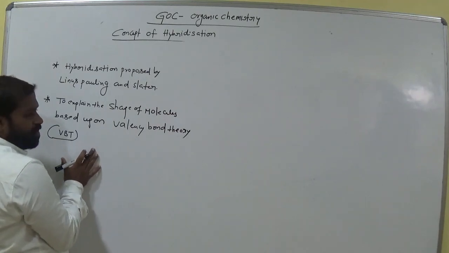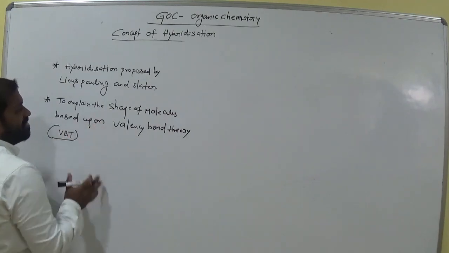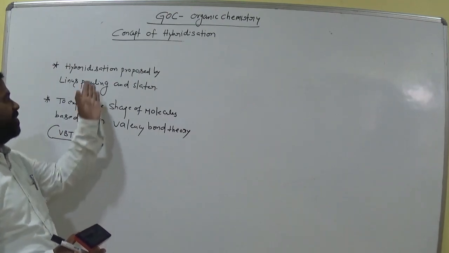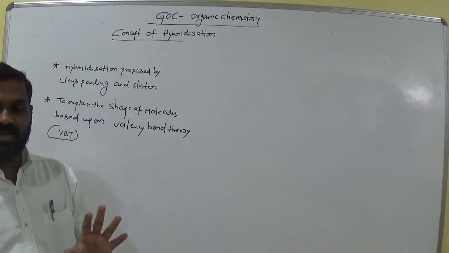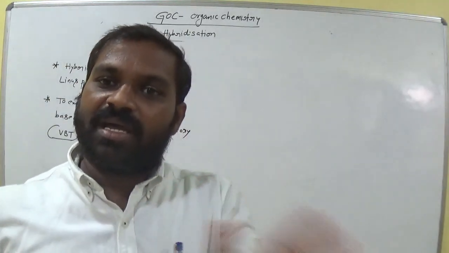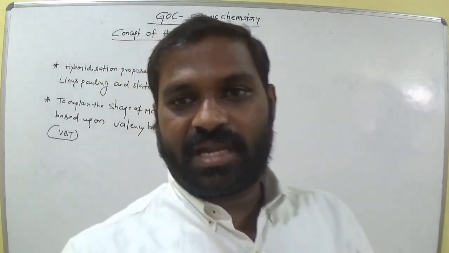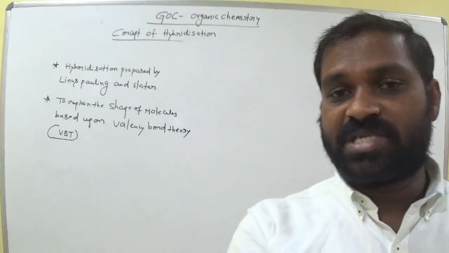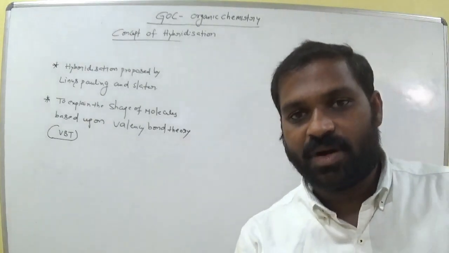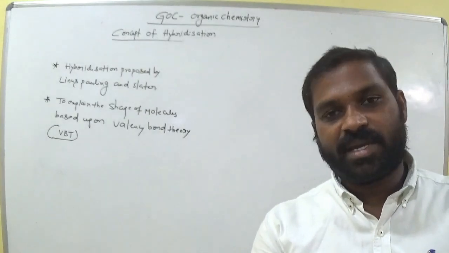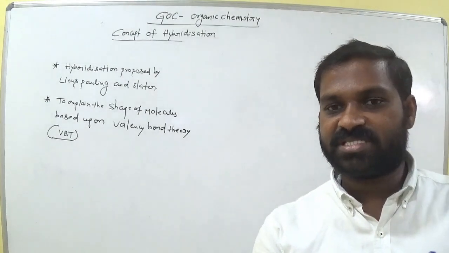Valency bond theory means the electrons present in the valence shell are involved in chemical bonds with other atoms.